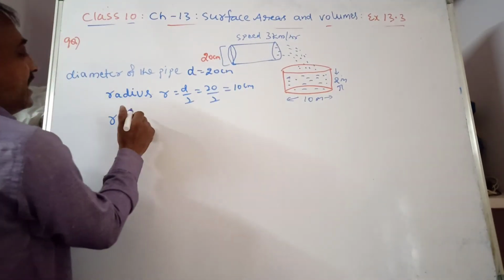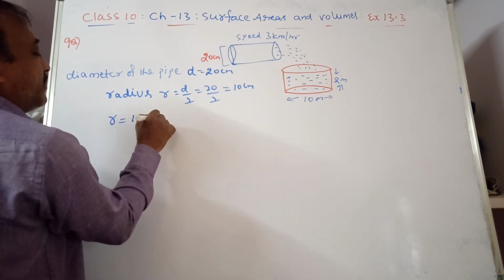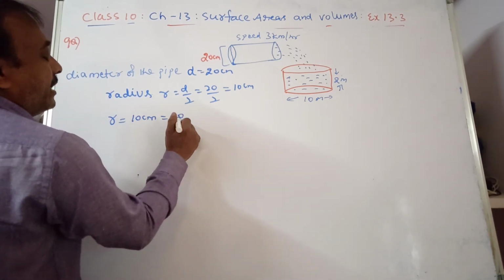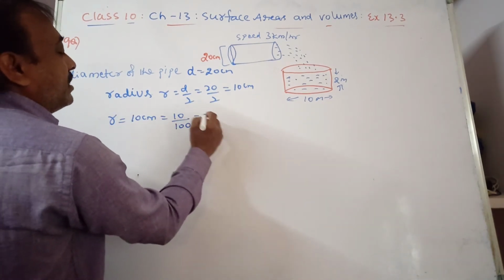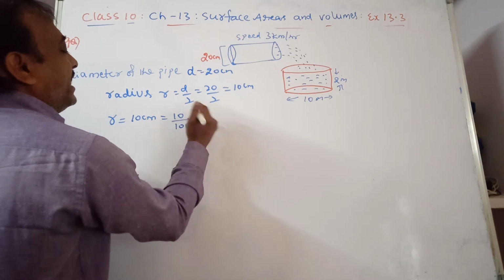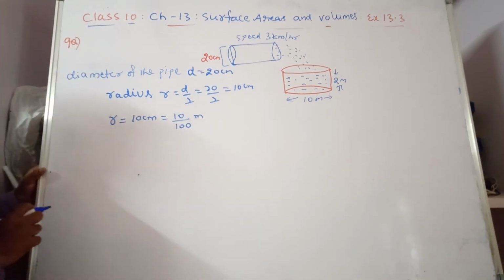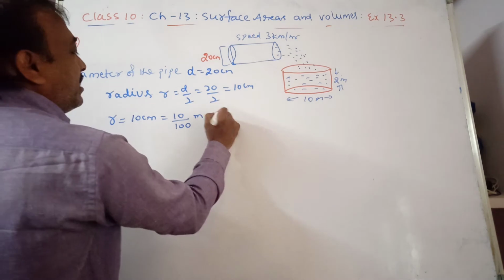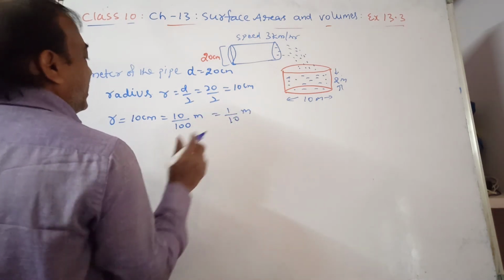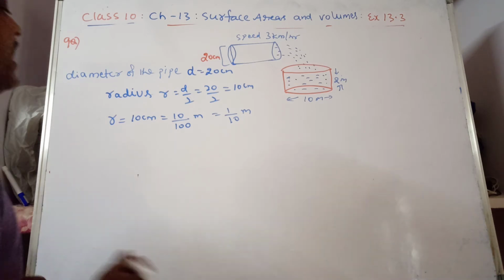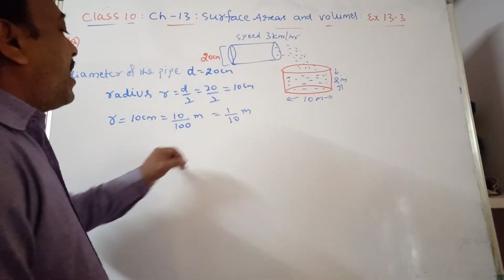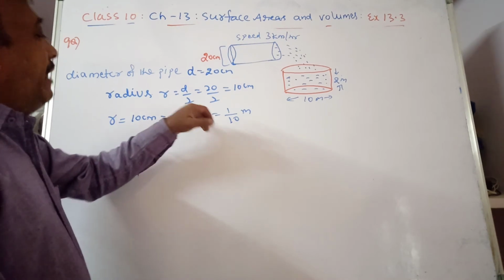So we convert 10 centimeter into meters. So 10 by 100 meters, that is nothing but 1 by 10 meters. Radius is 1 by 10 meters, or else you can write it as 10 by 100. Both are same.